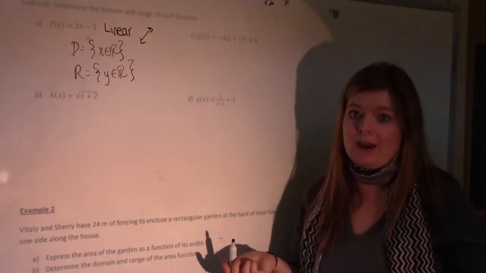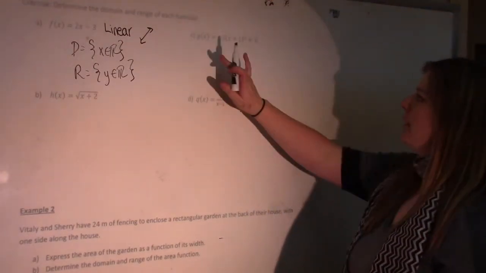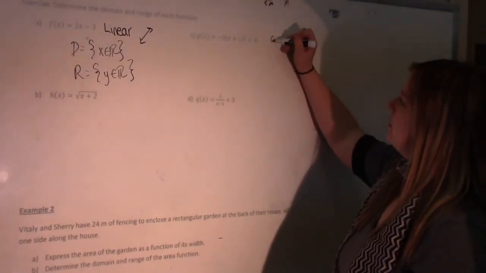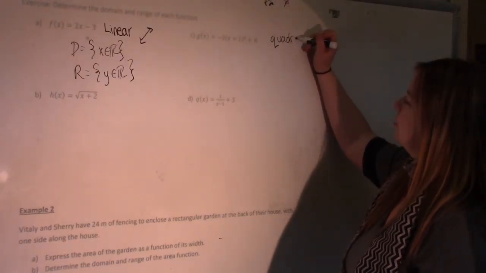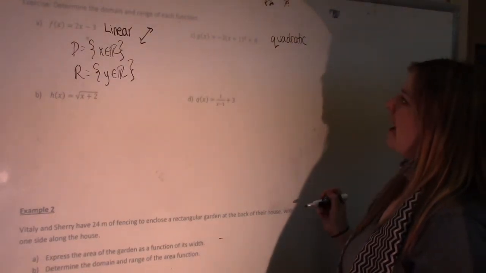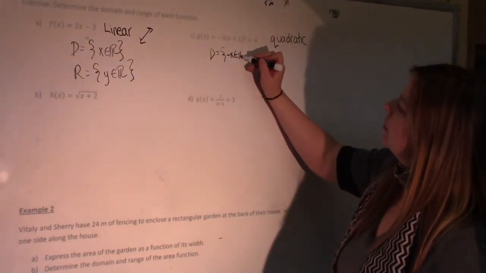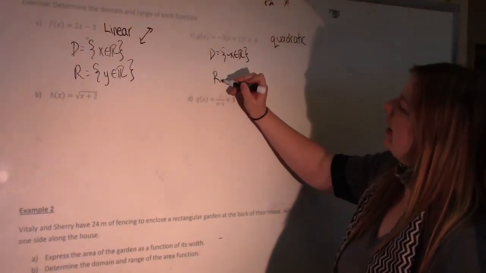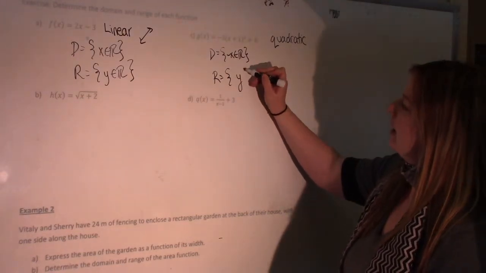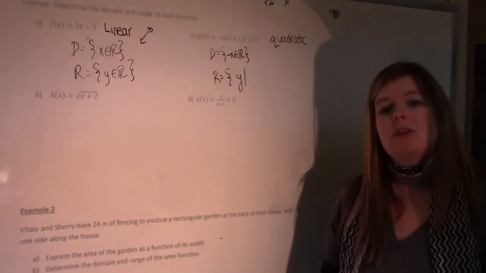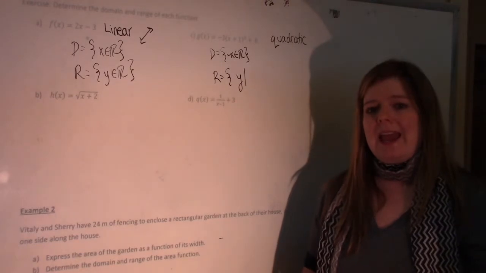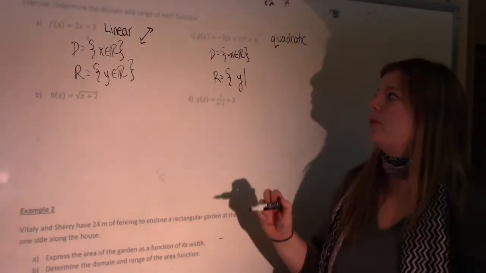Phew, that was easy. So now we look at this example and we realize that it's quadratic. So that means that our domain is anything, but our range is restricted. It's restricted by the y value of the vertex and whether it opens up or down.